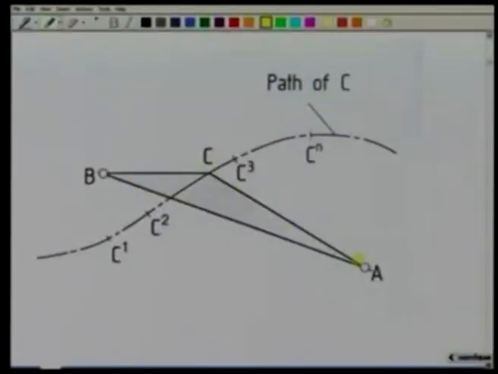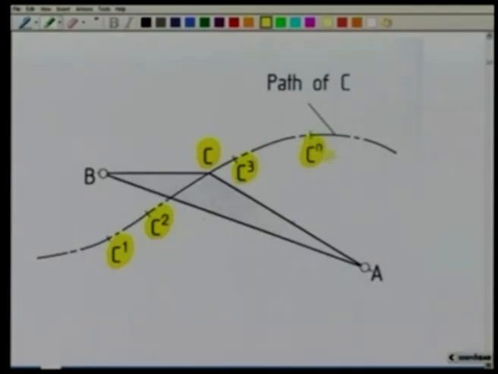Suppose again we consider the same 4R linkage with ABC as my coupler and C is the coupler point. So, by path generation problem we mean that we have to design the linkage O2, A, B, O4, the 4R linkage. We have to come up with the dimensions of that such that when the linkage moves, the coupler point C passes through these 4 prescribed positions, namely C1, C2, C3 and say C4.